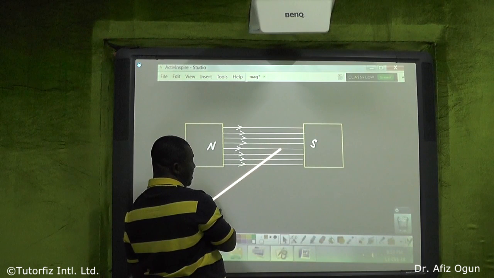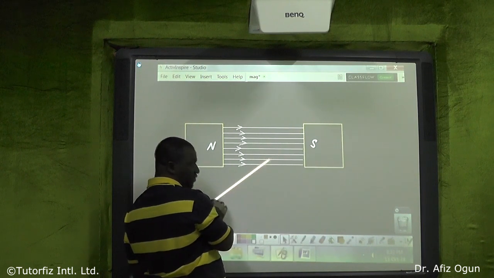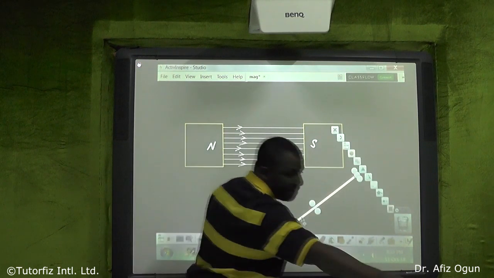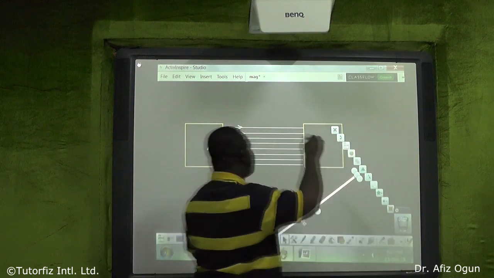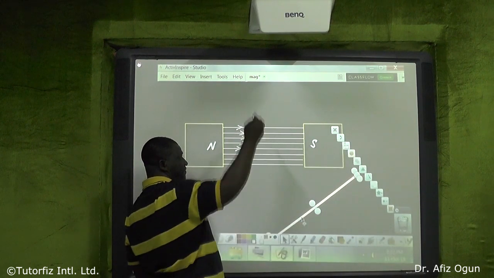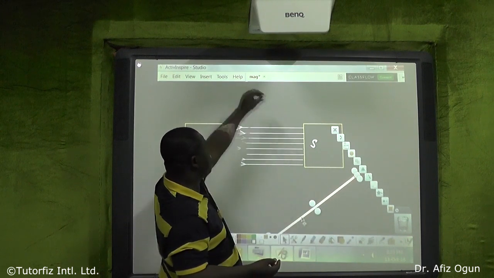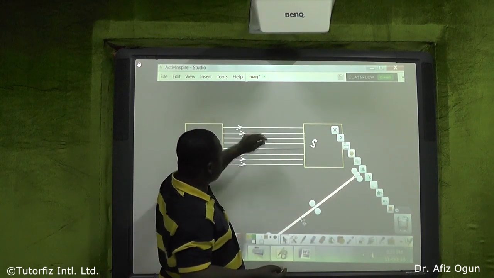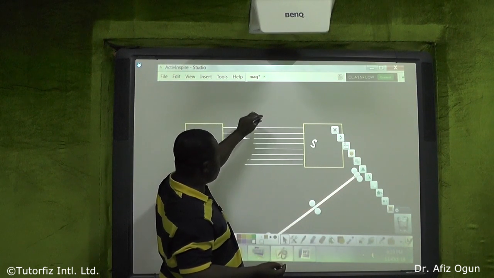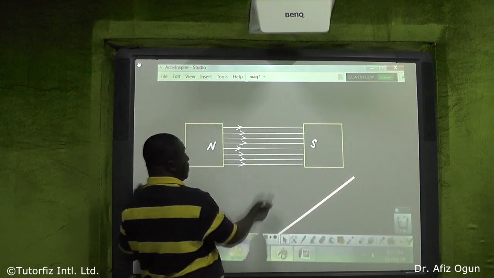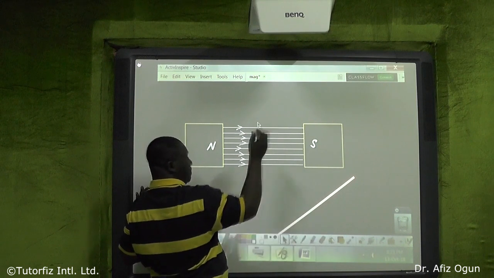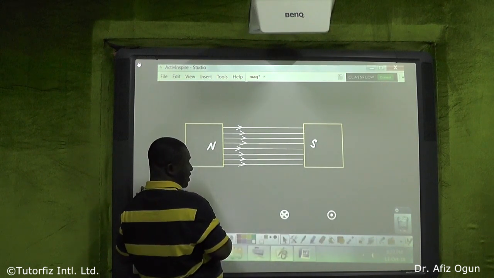When it is 90 degrees, it's like I'm putting that same body, like my pen, in the magnetic field, either taking current into the board or bringing current out of the board.